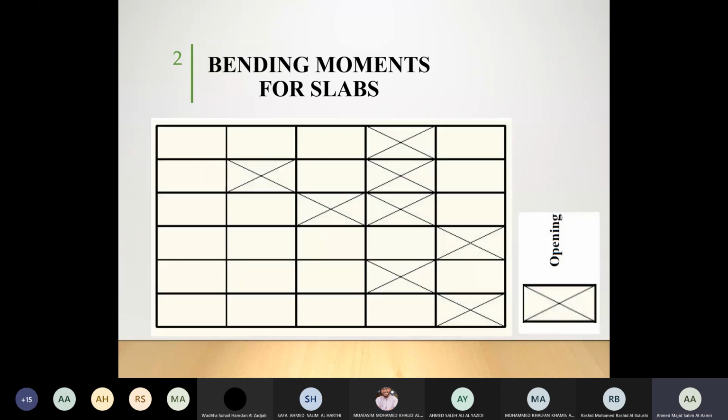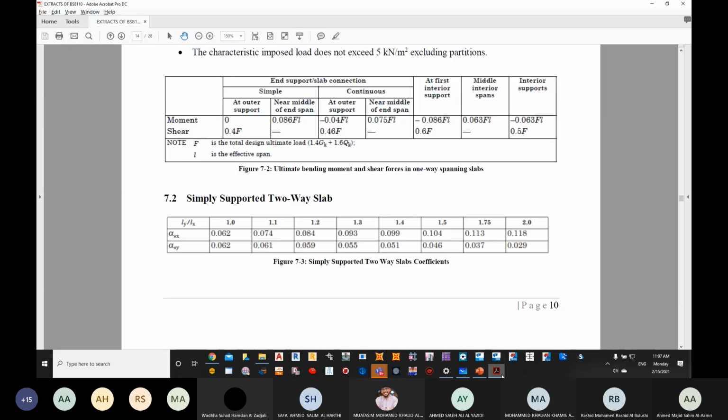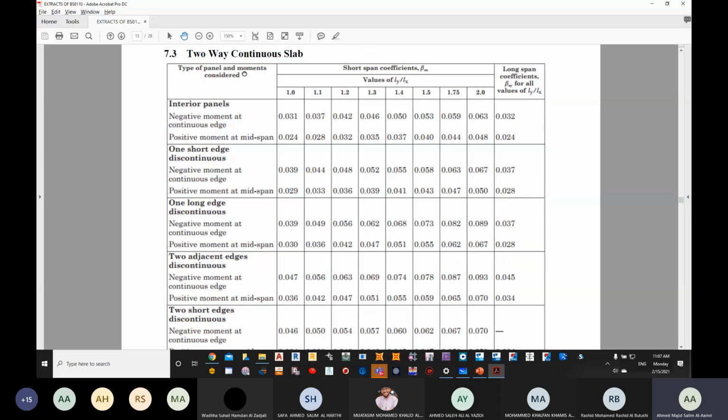Okay. Now going for the bigger part, which is two-way restraint slab. Now, if we go to the code once again, you will see that we have different options. This is the two-way continuous slab. So we have interior panel, one short edge, one long edge, two adjacent edges.